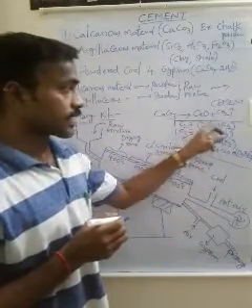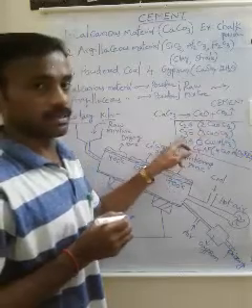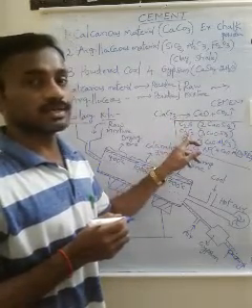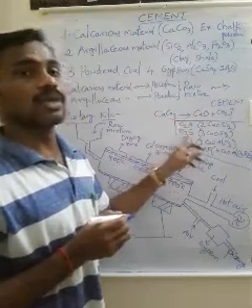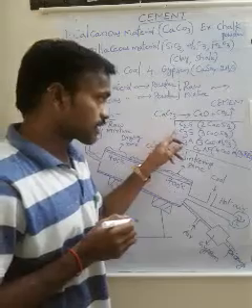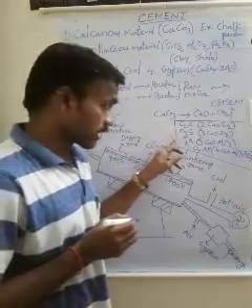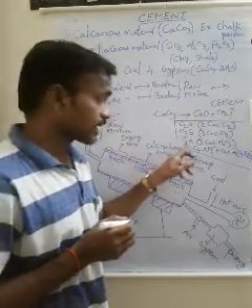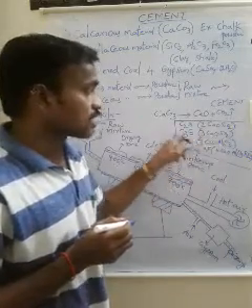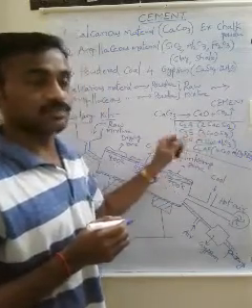So it is the chemical composition of cement. Cement is a mixture of dicalcium silicate, tricalcium silicate, tricalcium aluminate, and tetracalcium aluminoferrite.